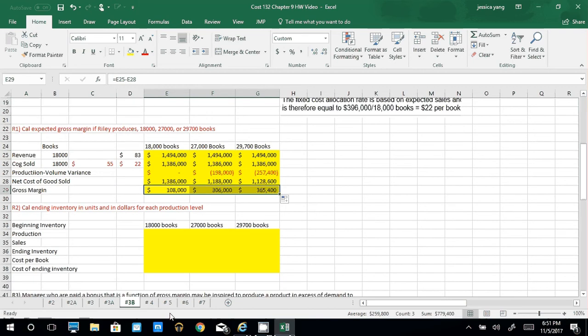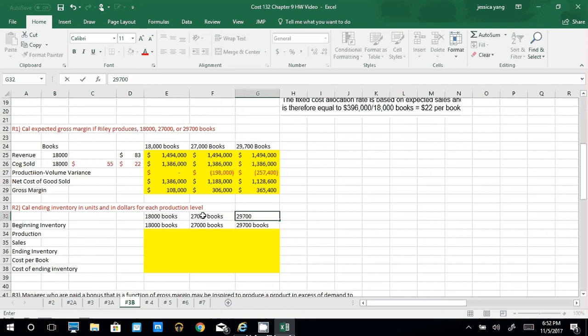Moving on to requirement number 2. For my 18,000 books, my beginning inventory was 0, because that's what it says right here.